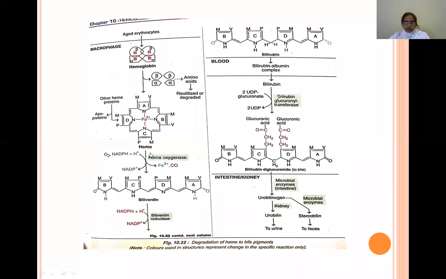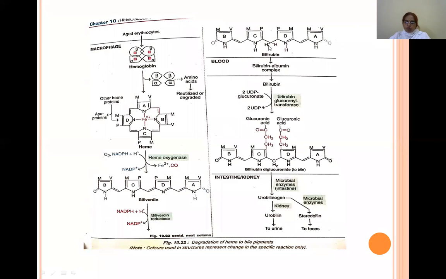Ultimately, it oxidizes the ferrous form of iron to the ferric form and also produces carbon monoxide. So the products of heme oxygenase are iron, carbon monoxide and biliverdin. Biliverdin is a green colored pigment.